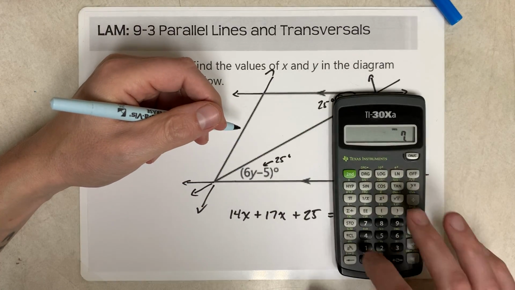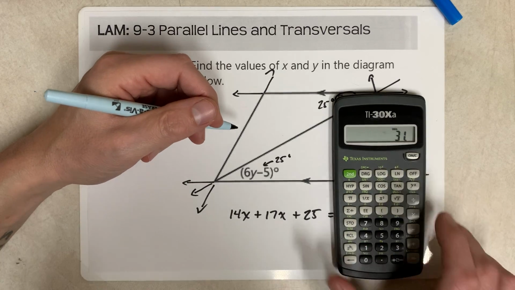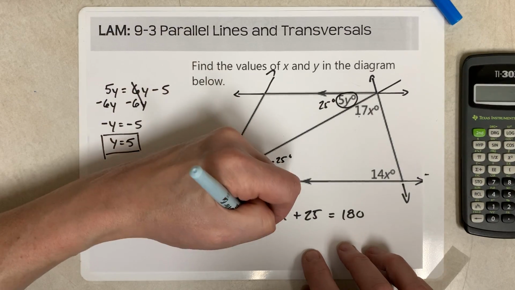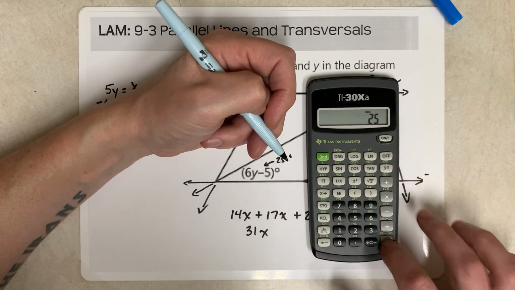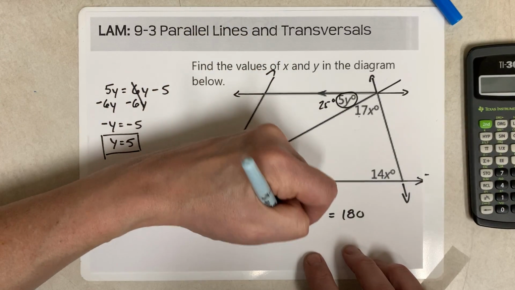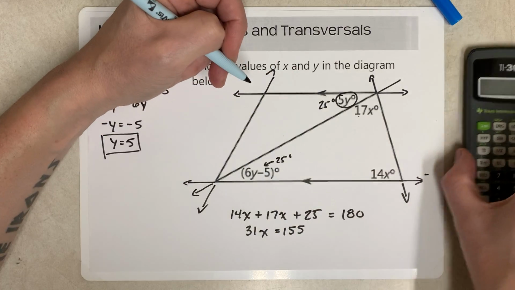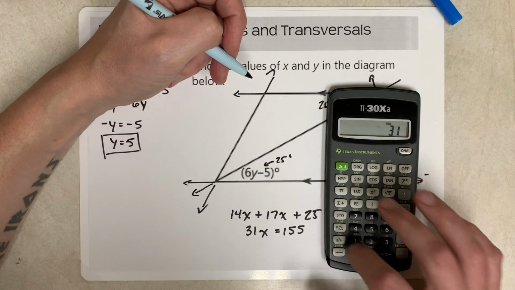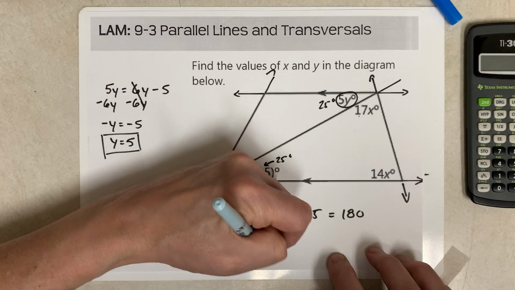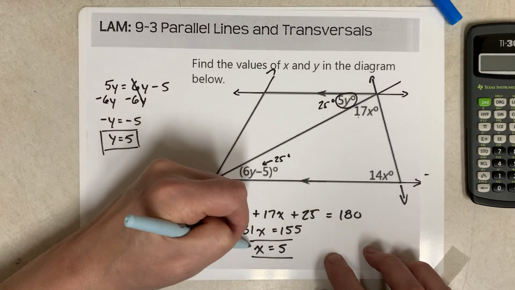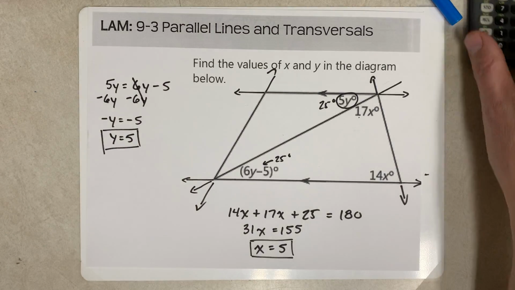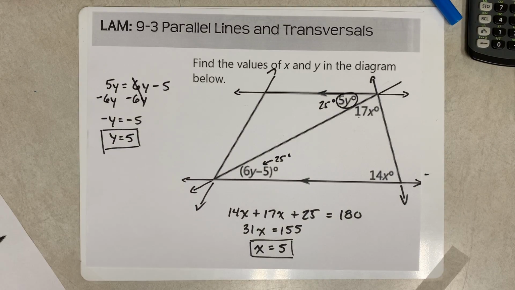So 14 plus 17 is 31. If I move the 25 over, 180 minus 25 is 155. If I take 155 and I divide it by 31, I get 5. So it turns out that x is equal to 5. I skipped a couple steps, but you should be able to fill in the blanks on that one.